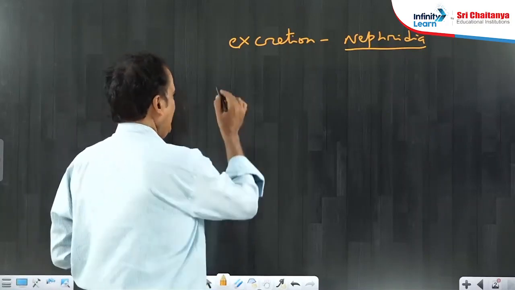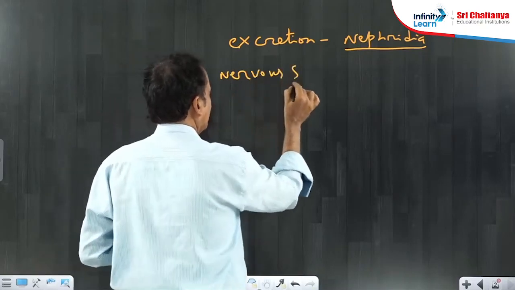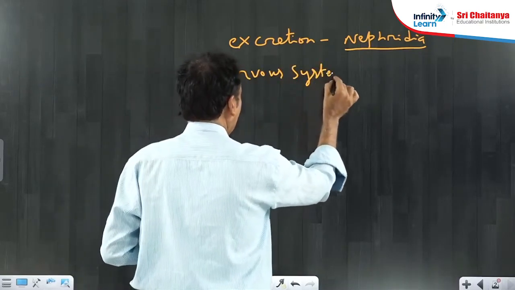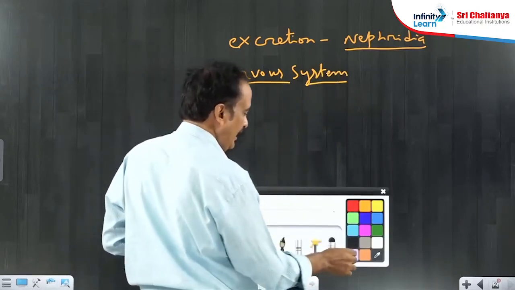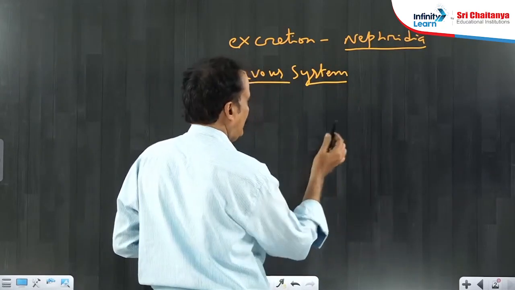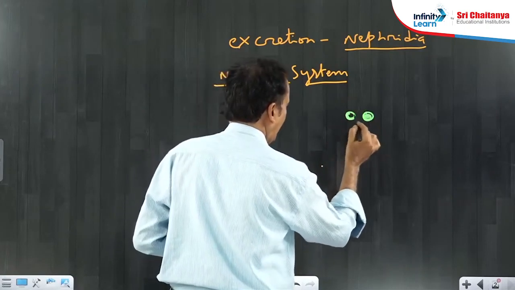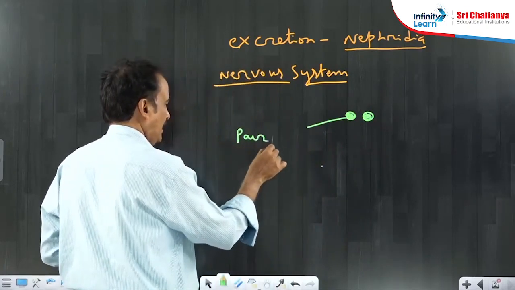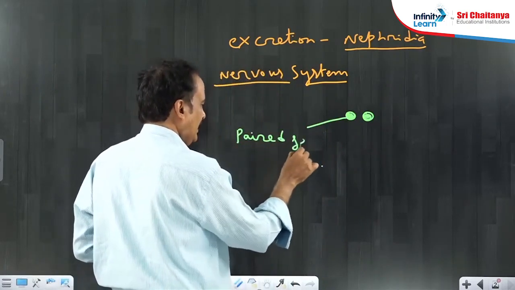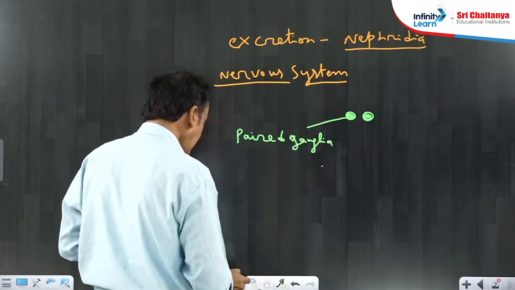And when it comes to the nervous system, it contains paired ganglia. For example, say these are the paired ganglia. These paired ganglia are connected to the double ventral nerve cord.